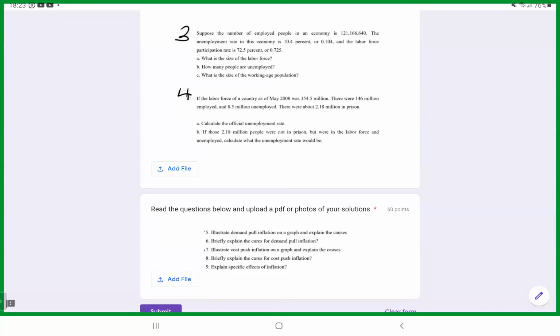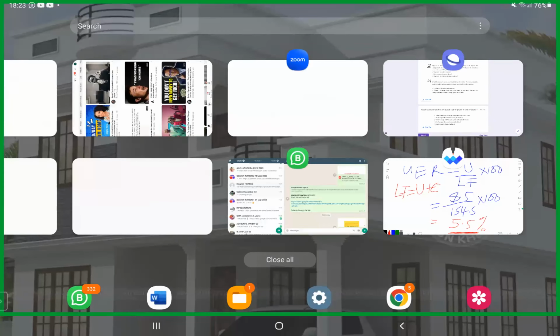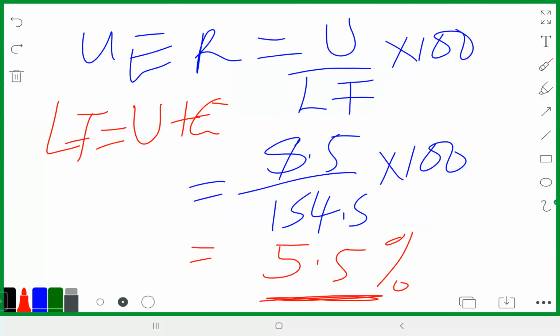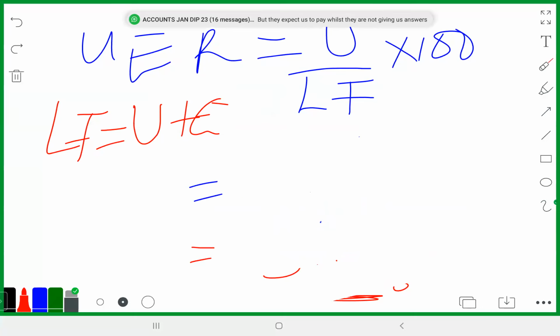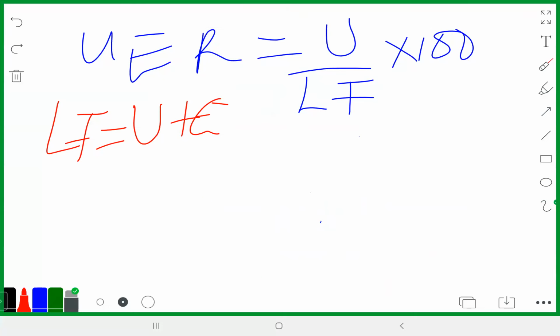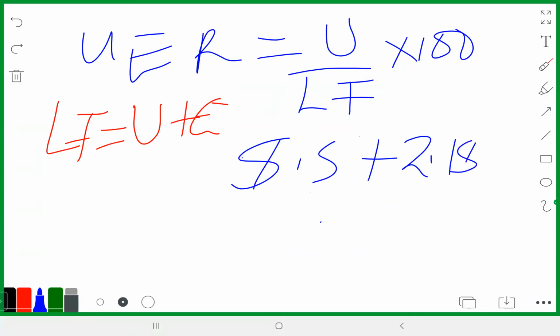Okay, thank you. So the 2.18 shall also be added to the unemployed. To the number of people who are unemployed, we shall add 8.5 plus 2.18, because we are told that these people are now part of the labor force, but they are unemployed.